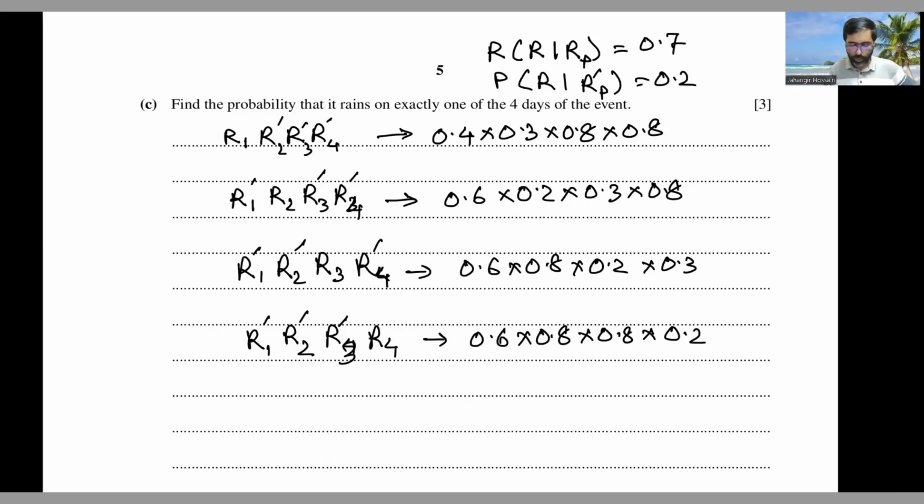So these are the four possible scenarios in which it rains on exactly one of the 4 days of the event.